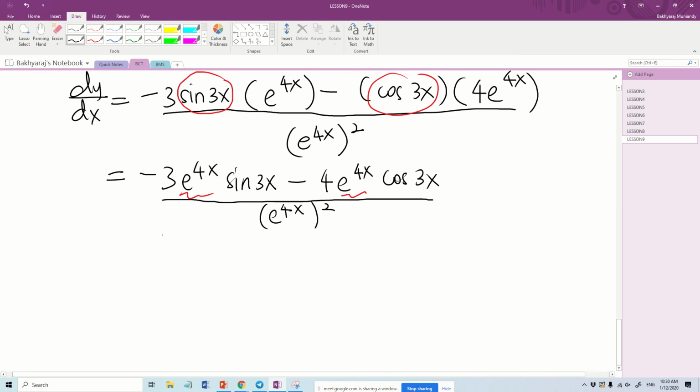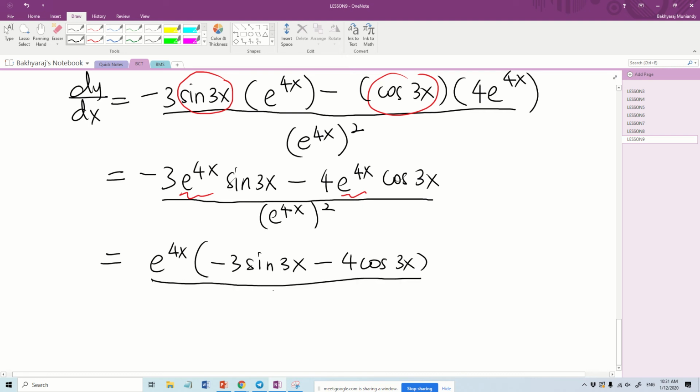Okay, so you get what? You get equal to e^4x times negative 3 sine 3x, correct, negative 3 sine 3x minus 4 cos 3x, divided by e^4x power of 2. Okay, what you can do now? Cancelling out e^4x. Yeah, correct, you can cancel one of these. Boleh cancel dah ni, because this one actually got 2.